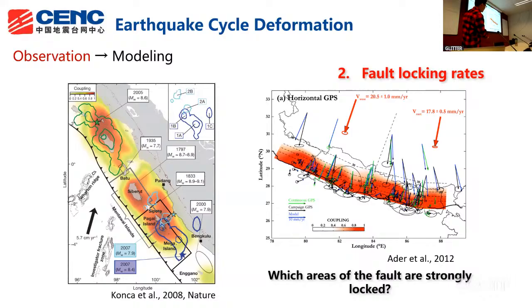It can tell us which areas of the fault are strongly locked. And here, the Himalaya fault has a high locking rate.